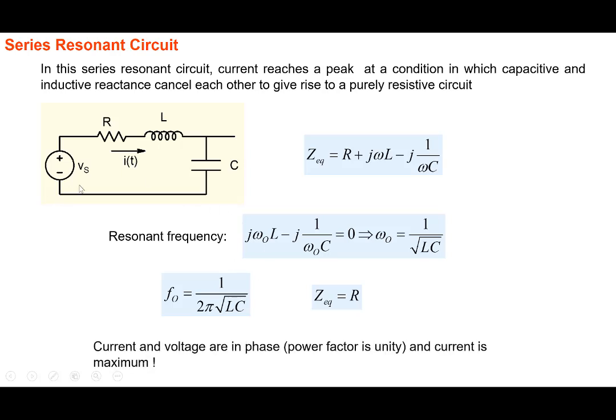So if you apply a frequency equal to f naught, the resonant frequency, the magnitude of the current would be maximum, and the angle between the voltage and the current will be 0. Power factor will be unity.